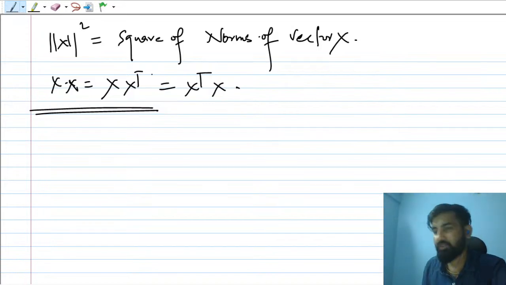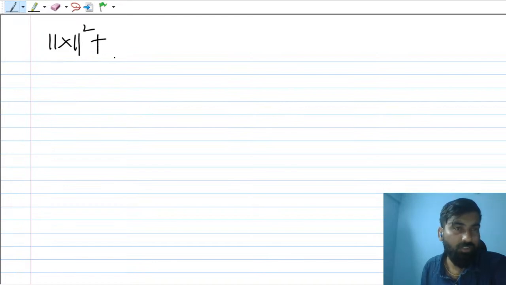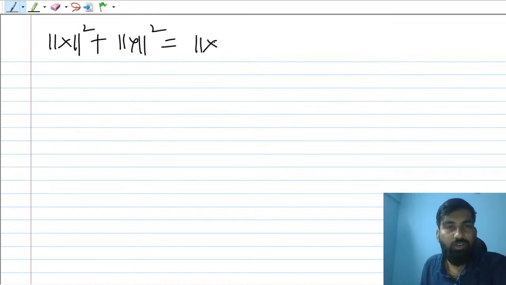So now we can prove it. I'm going to prove whether this condition is true for testing orthogonality or not. Suppose the condition for orthogonality, from Pythagoras, is the square of the norm of x plus the square of the norm of y, the lengths of vectors x and y squared, equals the norm of x plus y, also squared.